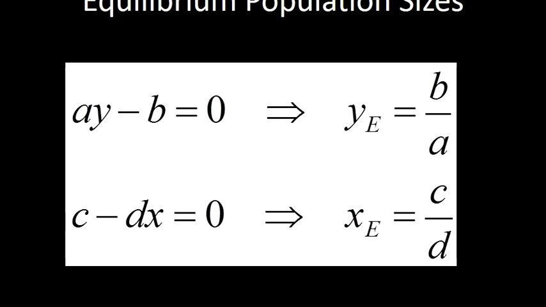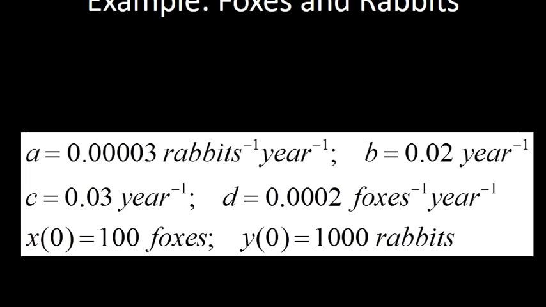Okay, that's very simple: just setting to 0 the right-hand sides of the equations and solving for the population sizes. We can do a simple calculation. We're going to be working on this model later on in this class. Let's imagine that we have two species, foxes and rabbits, and given parameters A, B, C, and D. Notice the units of the parameters.